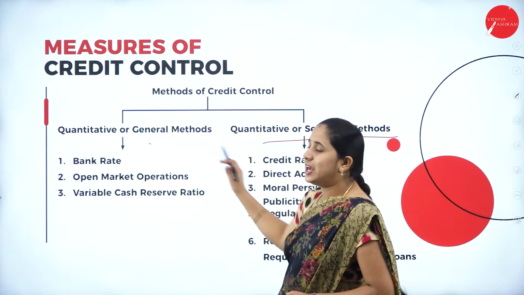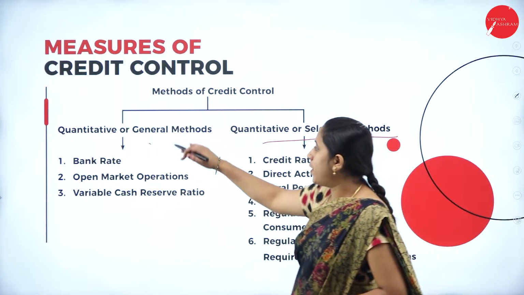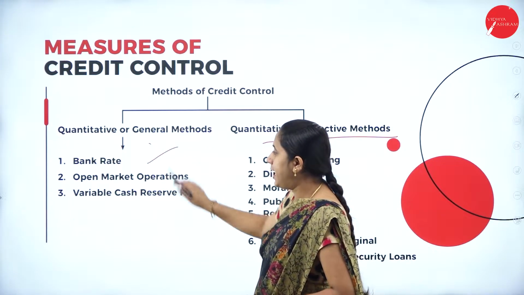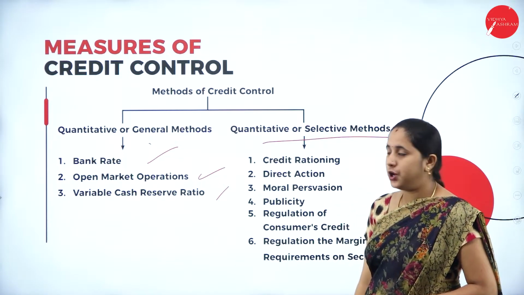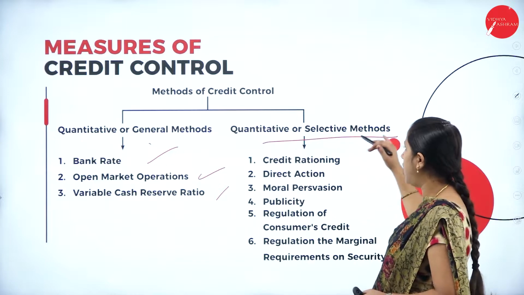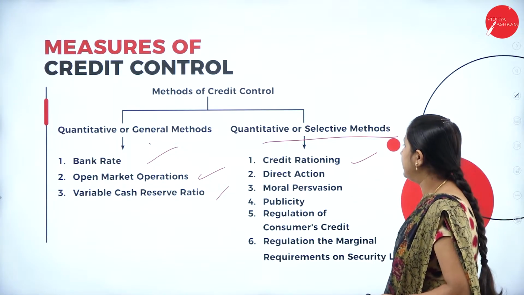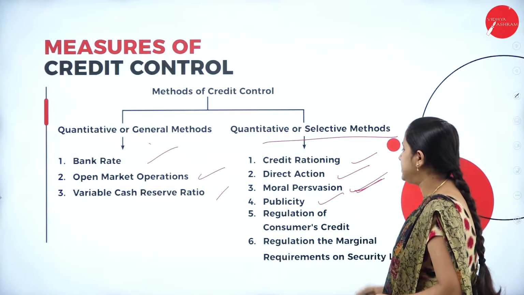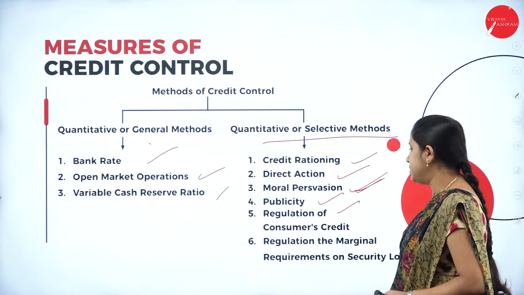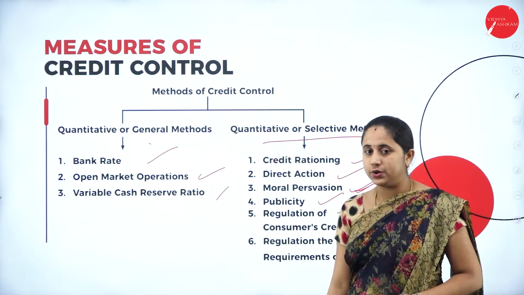The quantitative method includes bank rate, open market operation, and variable cash reserve ratio. The selective method includes credit rationing, direct action, moral suasion, publicity, regulation of consumer credit, and regulation of the margin requirements on security loans.